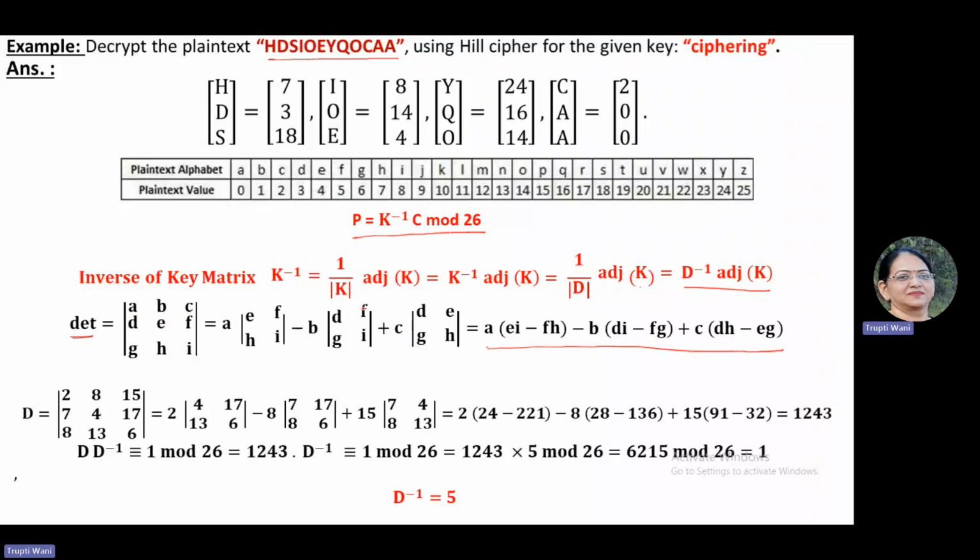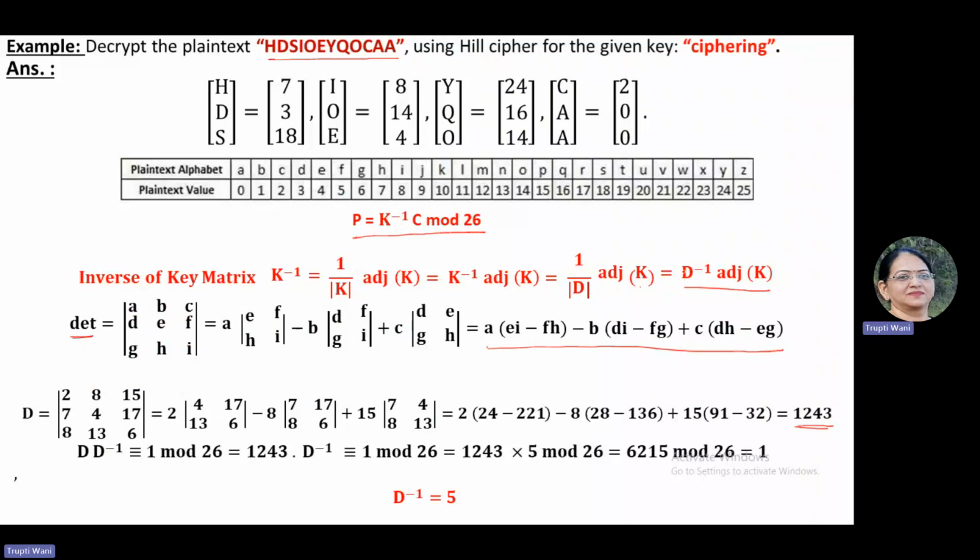Put the values of our key matrix, calculate the determinant, and here we are getting the determinant as 1243. Okay, but we don't want the determinant, we want the inverse of that determinant.